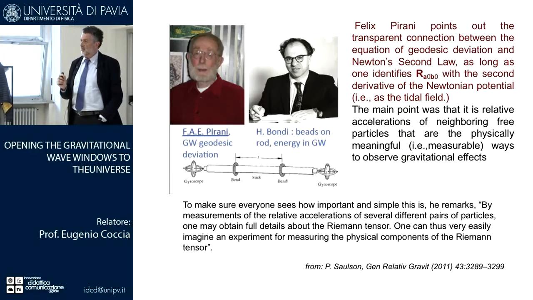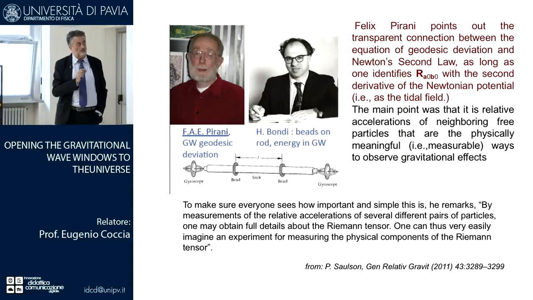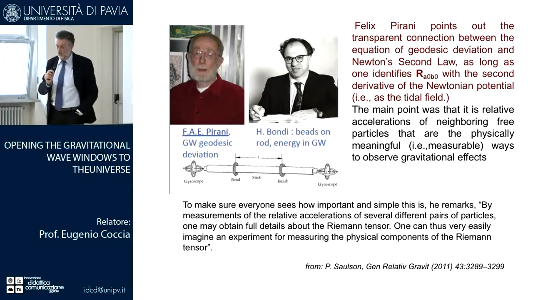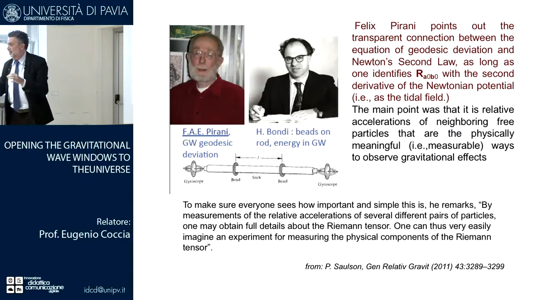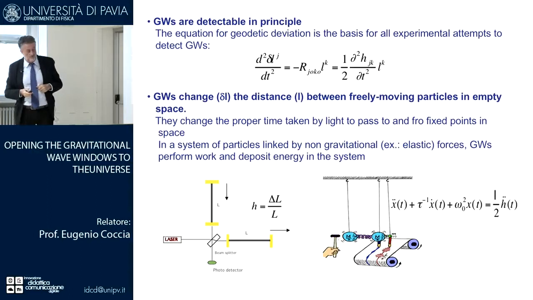So this was the clear moment in the history of the detection, because at that point it was clear that if a gravitational wave arrives in a system in which there are 2 points, these 2 points move one with respect to the other, and if you have a ray of light going back and forth, then the time taken by this ray of light will be larger or smaller depending on the amplitude of the gravitational wave. This was the key point in the history of gravitational waves.